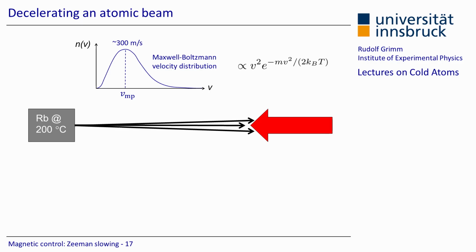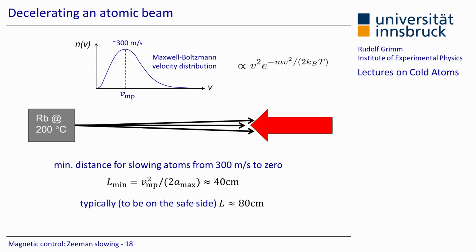We have discussed the slowing of an atomic beam already in the lecture on the spontaneous scattering force and applications. Let me just remind you of the basic things. The atomic beam has a typical Maxwell-Boltzmann velocity distribution, and at an oven temperature of 200 degrees Celsius for rubidium atoms, we have a most probable velocity of about 300 meters per second, which is very typical for rubidium.